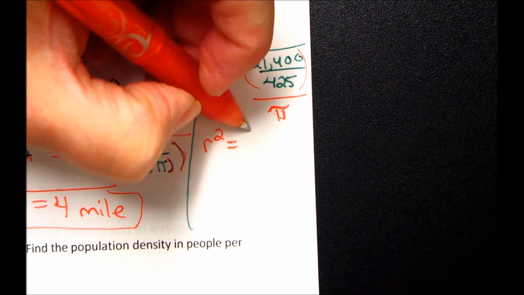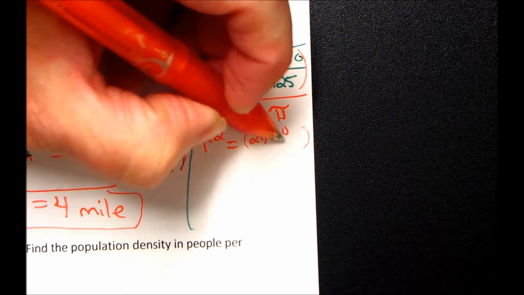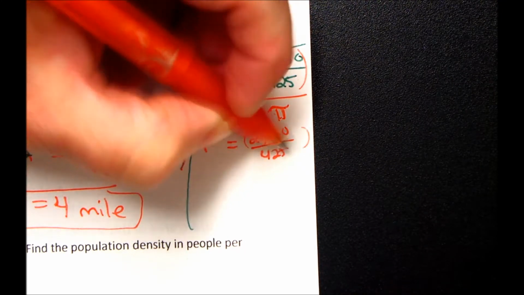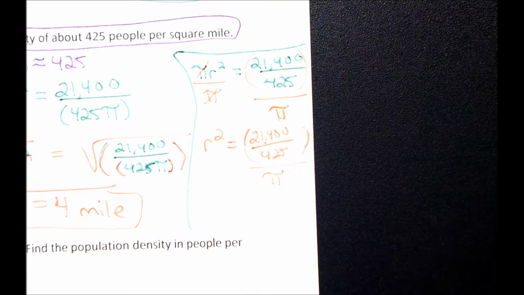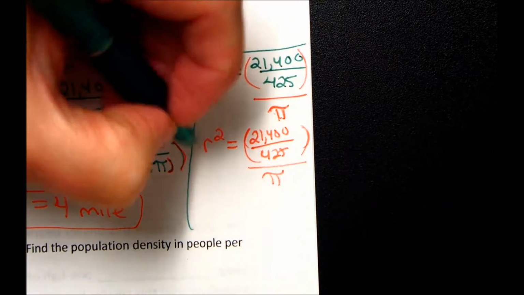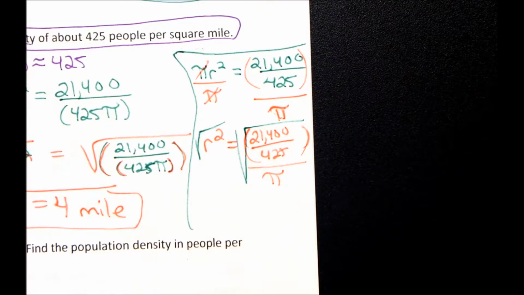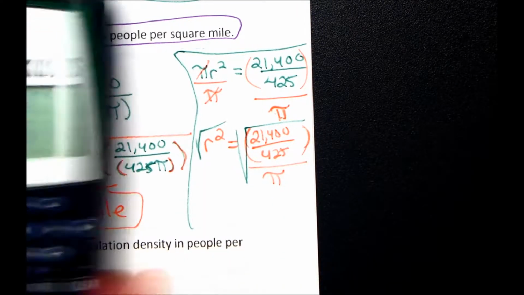So this looks a little complicated, but it would be 21,400 divided by 425 divided by pi. And then I would have to take the square root of that whole thing. So this is one that I might want to use the answer button.